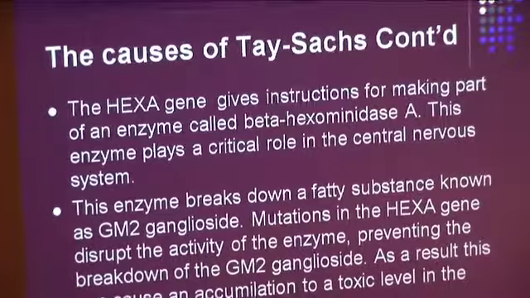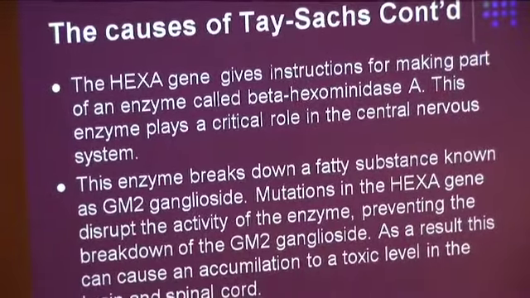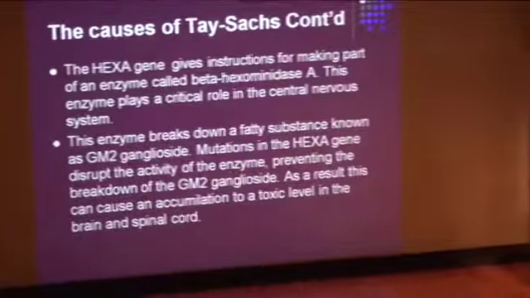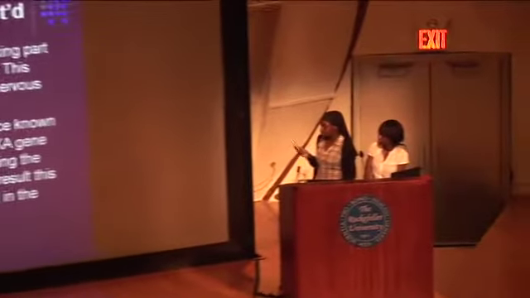What this enzyme does is break down the fatty acid substance that I showed earlier, which is called GM2 ganglioside. So mutations in the HEXA gene disrupt the activity of this enzyme, and the fatty acid can't be broken down. So there's a buildup, and it can accumulate to a toxic level.